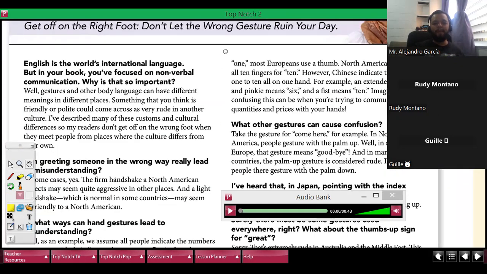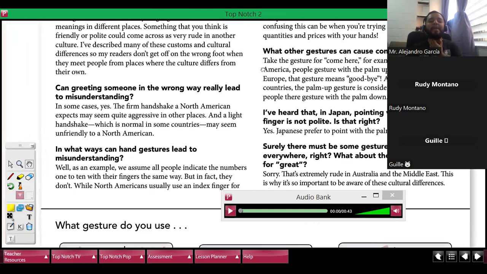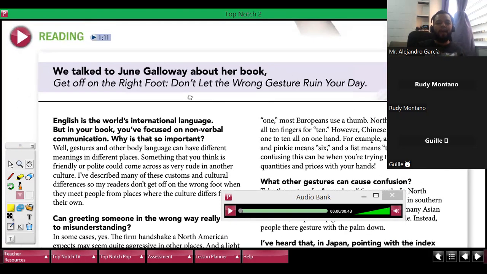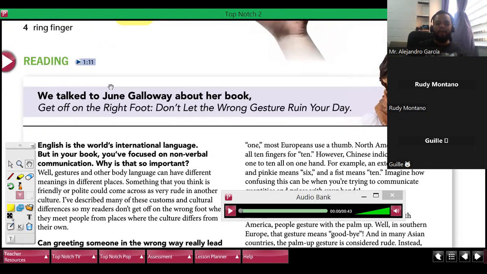Okay. Now, we have here a reading. No lo muestra todo porque se queda cortado. Okay, and it says a reading about gestures or customs.